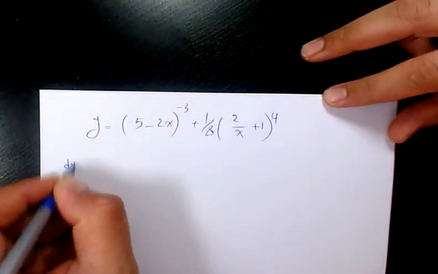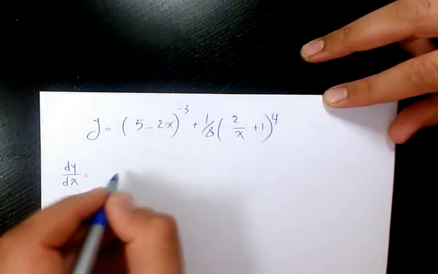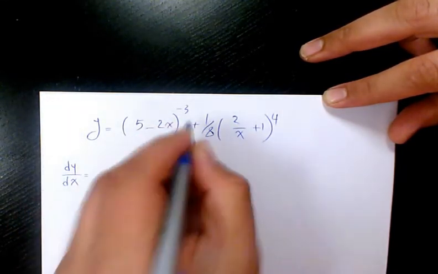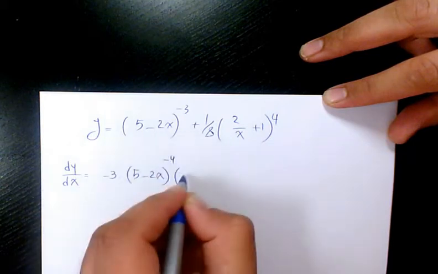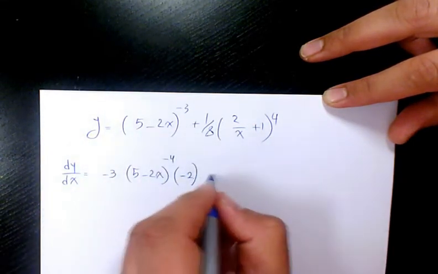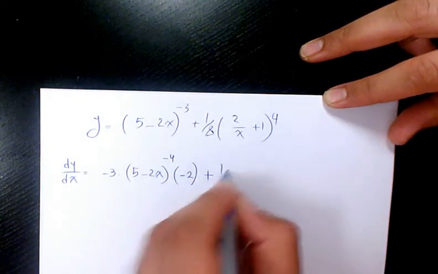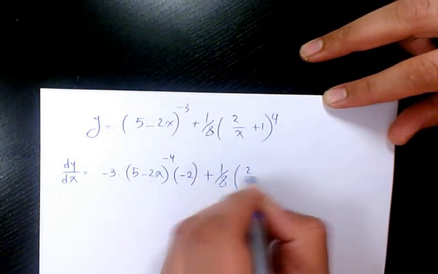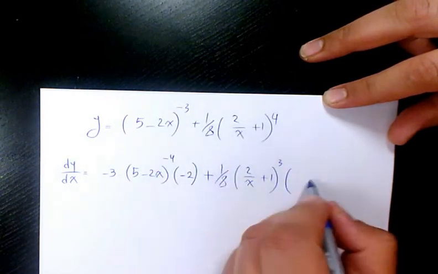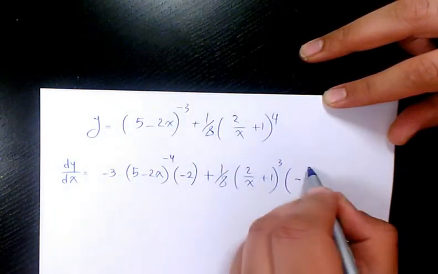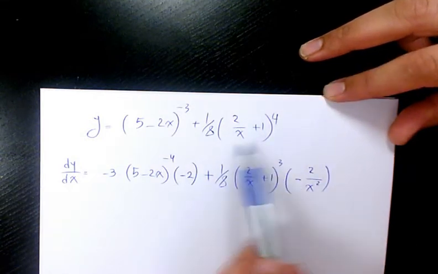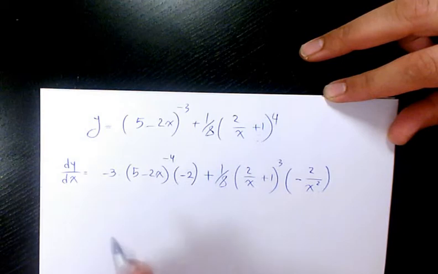So dy over dx will be negative 3 times (5 minus 2x) to the power of negative 4 times the derivative of 5 minus 2x, which is going to be negative 2, plus 1 over 8 times (2 over x plus 1) to the power of 3 times negative 2 over x squared. This part is going to be the derivative of 2 over x plus 1.